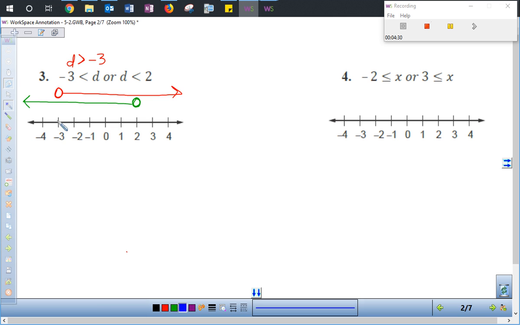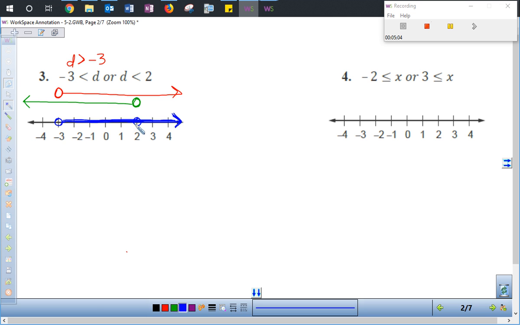The red one had an open dot on negative 3 and an arrow going to the right. Then my green graph had an open dot on 2. So if I put an open dot on 2, if you'll notice, there's already an arrow going through that.